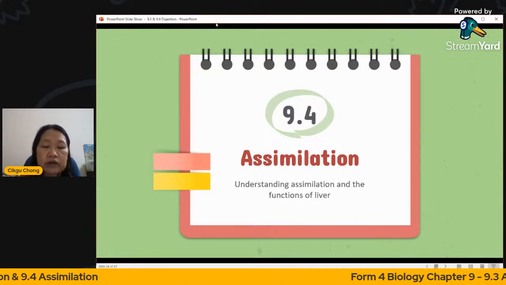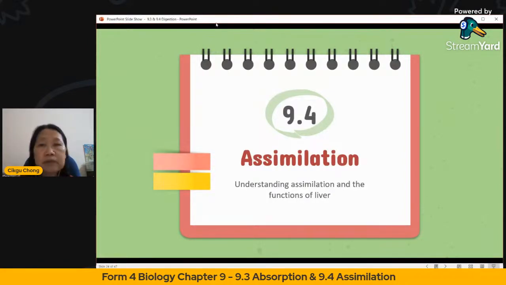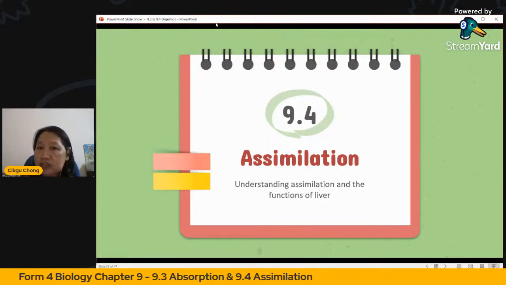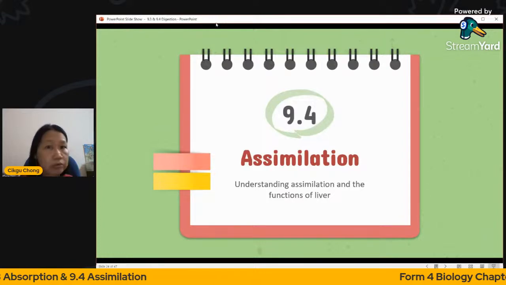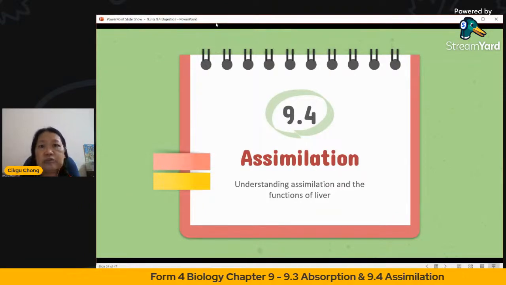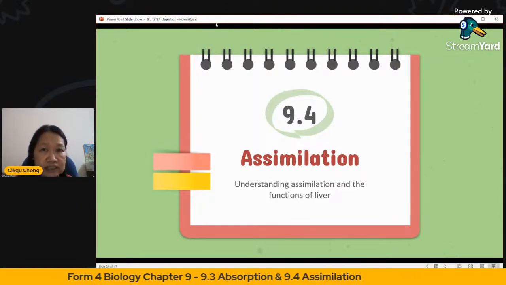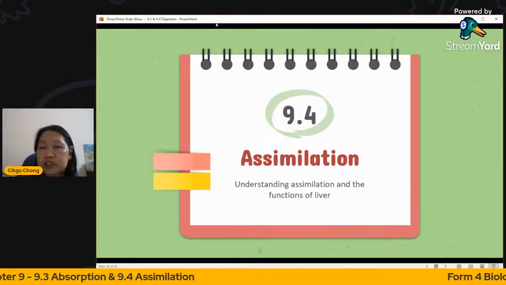Or are you going to use your amino acid to make new cells or to make plasma protein? That is also assimilation. You are using the substance from your food, which is amino acid, to make new cells for repair, to repair the injured cells, and to replace old cells. So that is also assimilation.